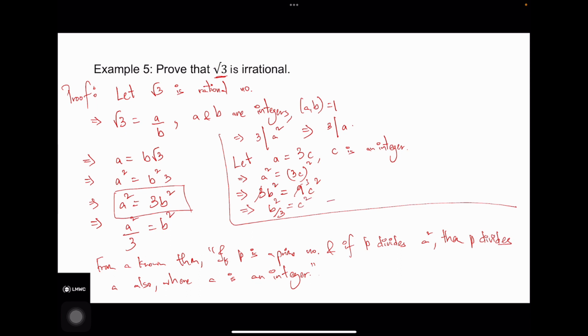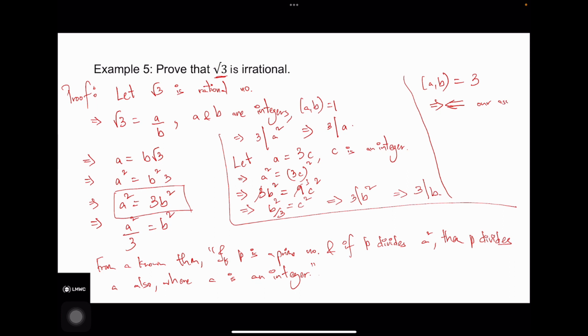So here also again it implies that 3 divides b square, so it should also imply 3 must divide b, and hence a and b have a common factor, the number 3, and this contradicts, right? This contradicts our assumption.